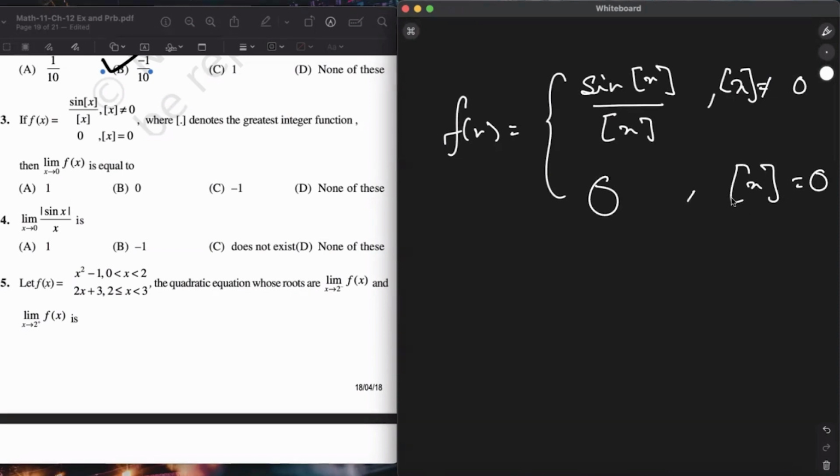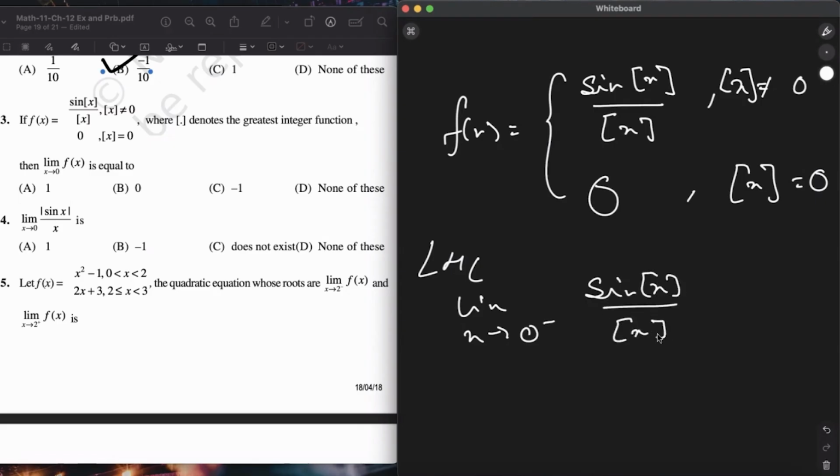All right, ठीक है. तो मैं लेफ्ट हैंड से अप्रोच करूँ इसको. The left hand limit for this is limit x tends to 0 negative for my sine GIF x upon GIF of x.